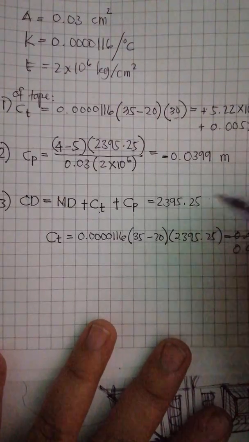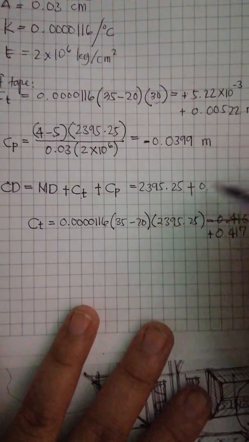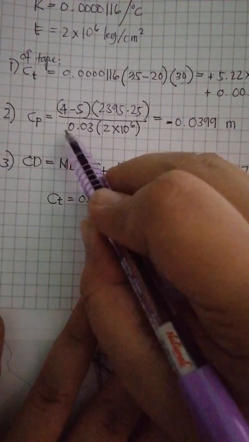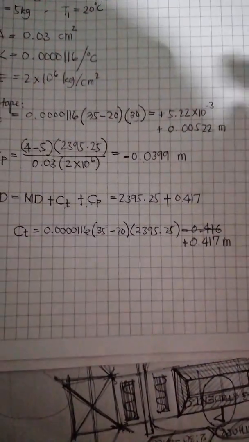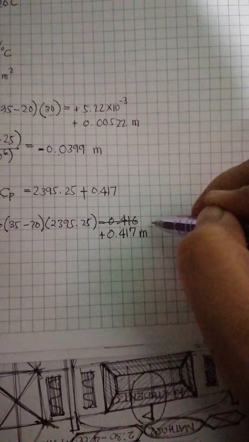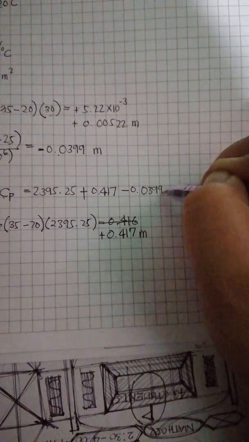Okay, so since positive, so plus 0.417. Then, yung correction due to pull of the measured distance is naka-negative. So, minus 0.0399.